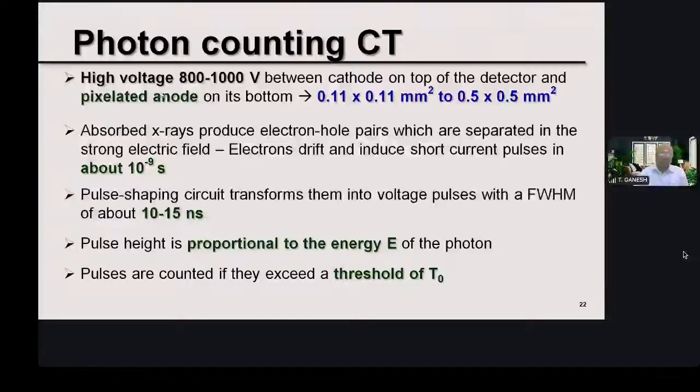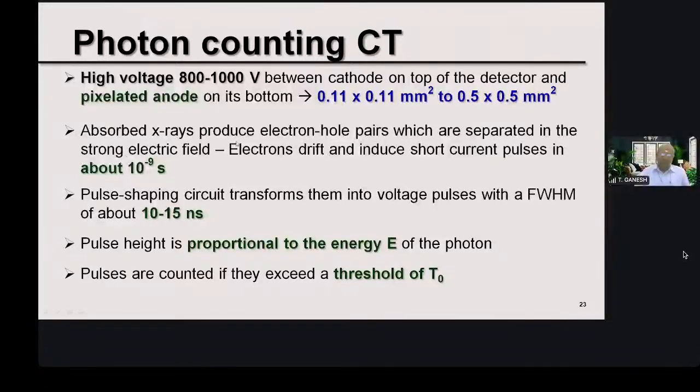A potential difference of about 800 to 1000 volts is applied between the cathode, one single cathode on the top of the entire detector crystal, and the pixelated anode at its bottom. That gives the resolution to the detector. The resolution can vary anywhere between 0.11 by 0.11 square millimeter to 0.5 by 0.5 square millimeter.